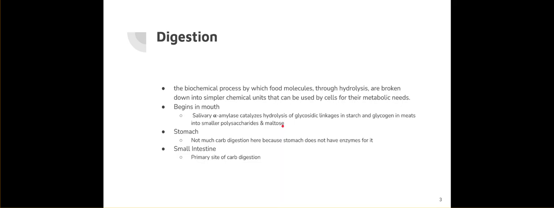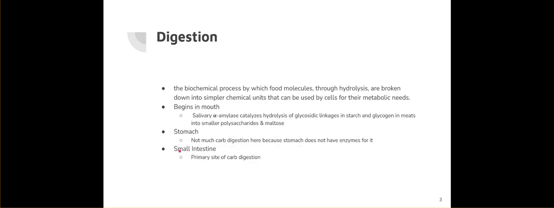Once you swallow it, it goes into your stomach, but not much carb digestion actually happens in the stomach because there are not the enzymes for it. These enzymes that break this stuff down do not do well with your stomach acid, and therefore they're not able to survive in that environment, so you don't get much carb digestion happening there.